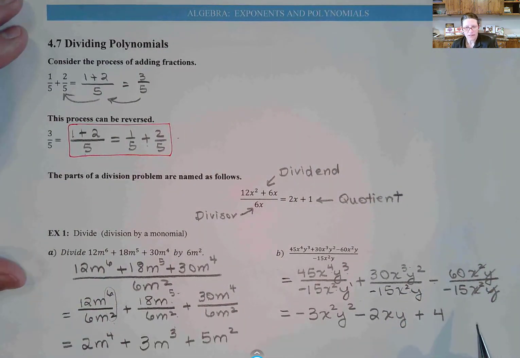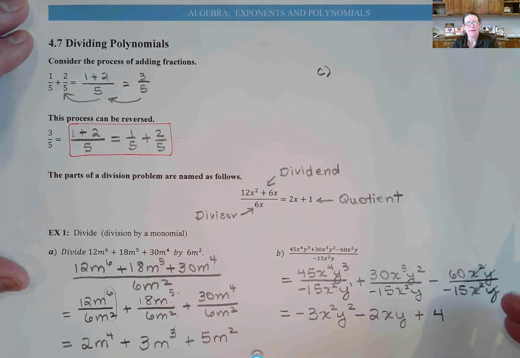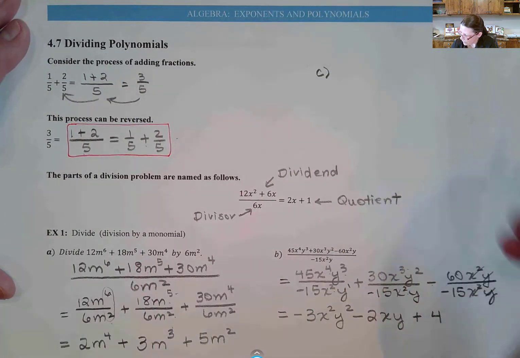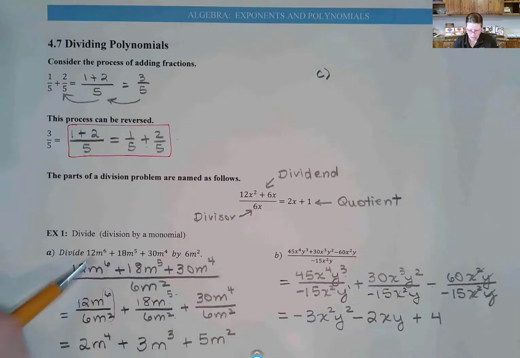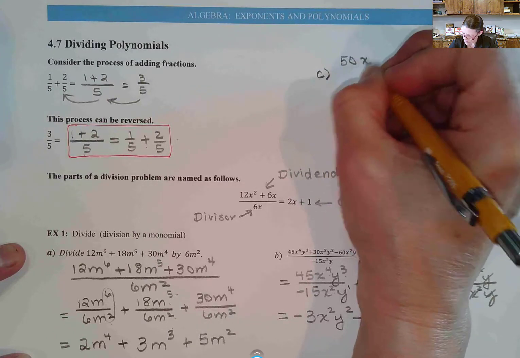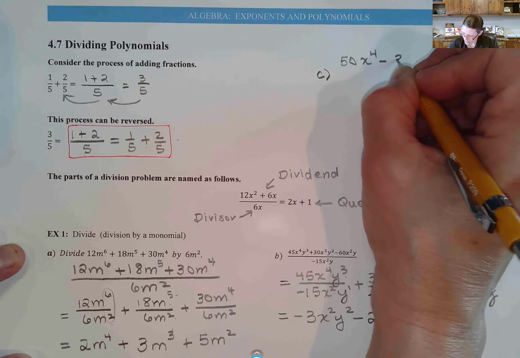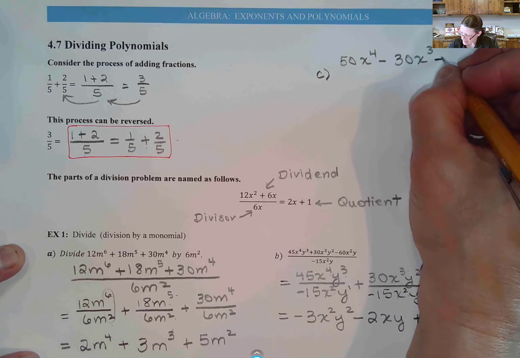Now just a quick, if we look real quickly at a part C, I want to do just one more and add this to our notes here. Let's say we've got 50x to the 4th minus 30x to the 3rd plus 20x.